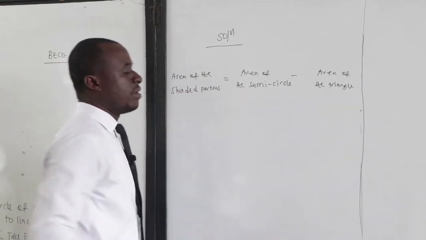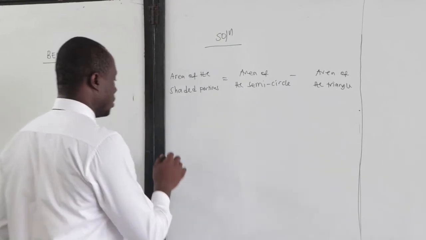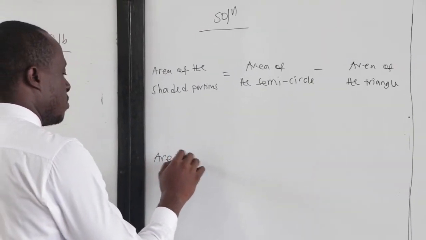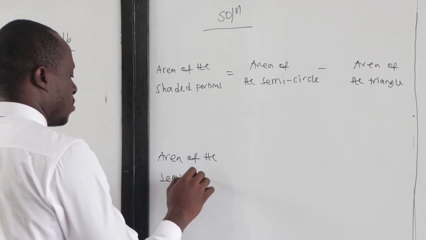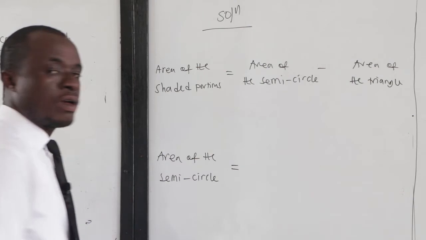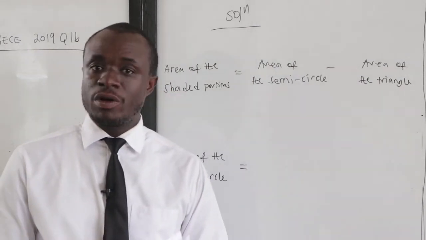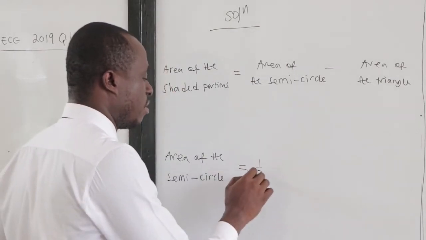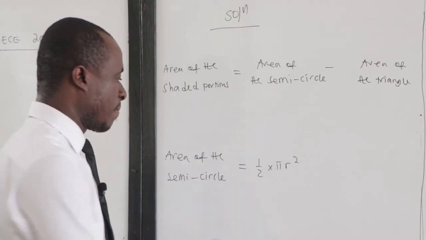We have to find the area of the semicircle and then also find the area of the triangle. Now, the area of the semicircle. What's the formula for finding the area of a full circle? That is pi r squared. Because it is half, we divide it by 2. So we have half times pi r squared.